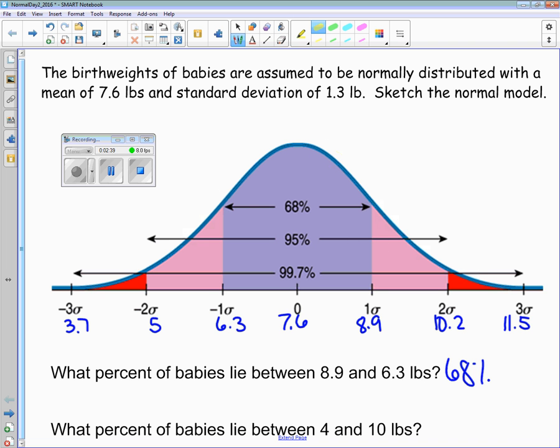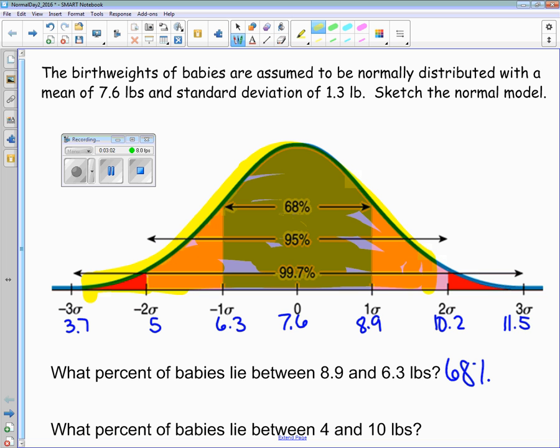Are 4 and 10 numbers that you see on our graph? They're a little different. If I was going to estimate, I'd say 4 is about right here, and 10 would be about right here. So we're looking at about this part, pretending I'm shading all of this.